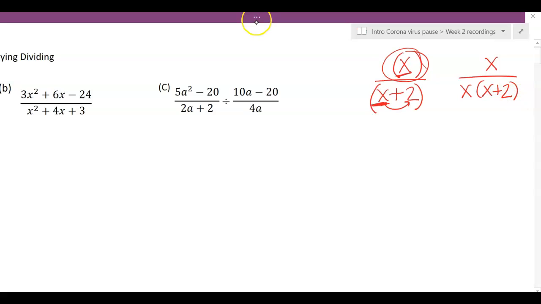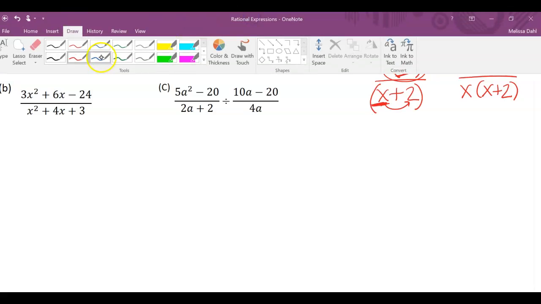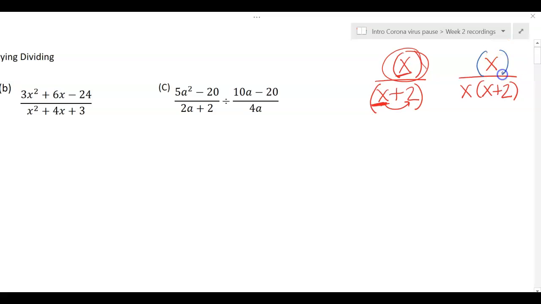Here, the numerator, that's the top of the fraction, has one factor, x. The denominator has two. X is one factor, multiplying this other factor of x plus 2. Now this x can cancel this x because they are common factors in numerator and denominator. It still cannot cancel with this x here because this x is a term. It's not its own factor.